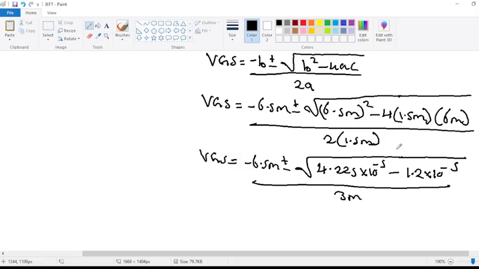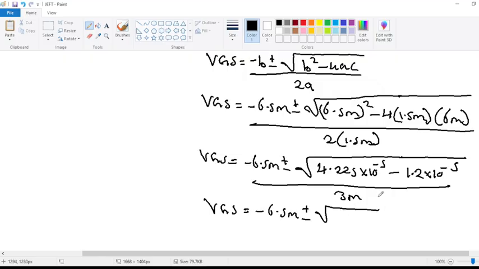Okay, now from there, what's next? Let's deal with what is here. I subtract 4.225 times 10 raised to power negative 5 minus 1.2 times 10 raised to power negative 5, meaning my VGS here is equal to, still keep the negative 6.5 milli, positive or minus, then the root now.